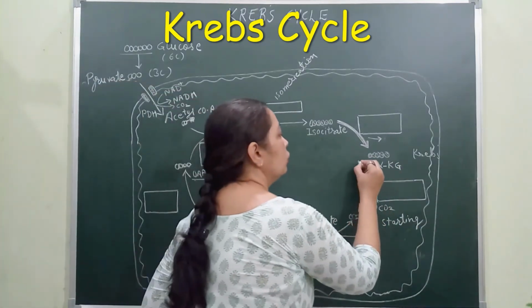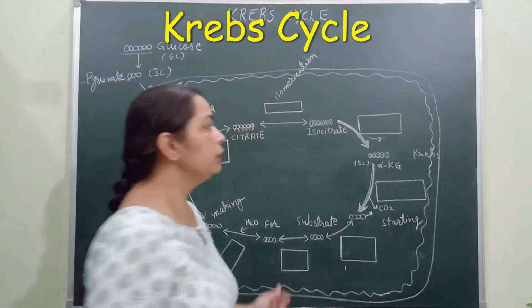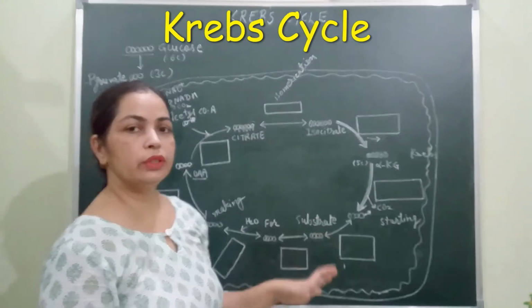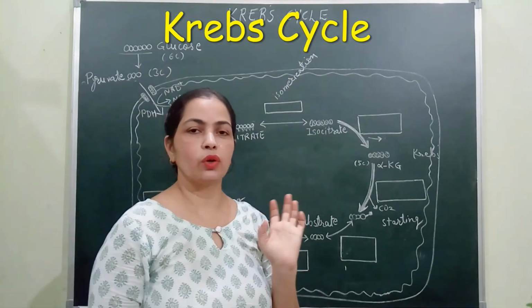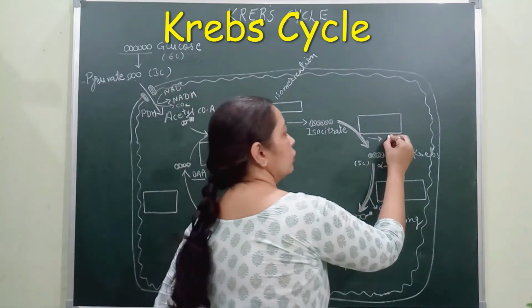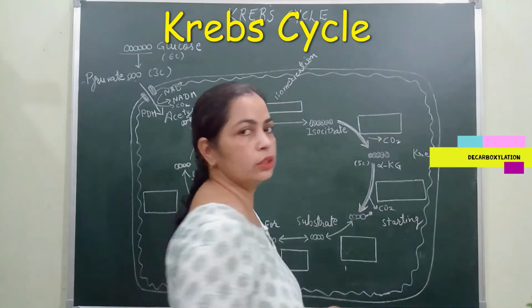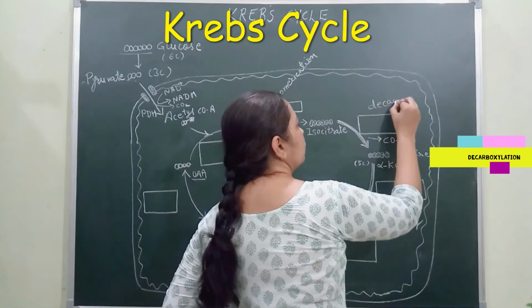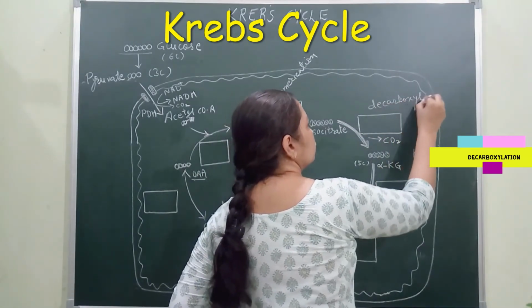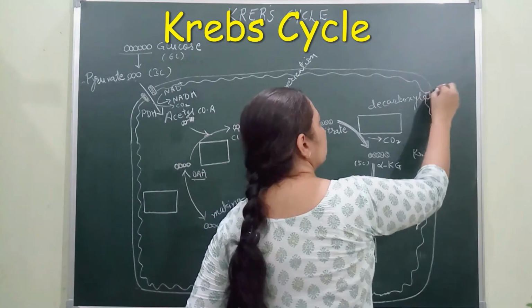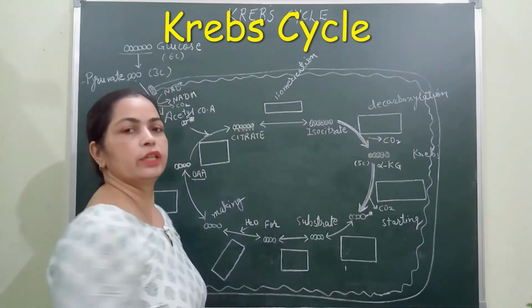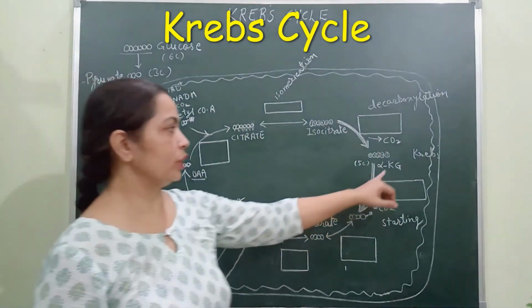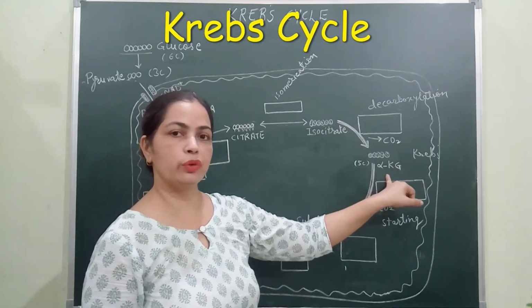So there is loss of 1 carbon in this step, and generally this loss of carbon is in the form of carbon dioxide, CO2 is released, and this is a simple decarboxylation process. So by this decarboxylation, isocitrate got converted into alpha ketoglutarate. That is Krebs alpha ketoglutarate.